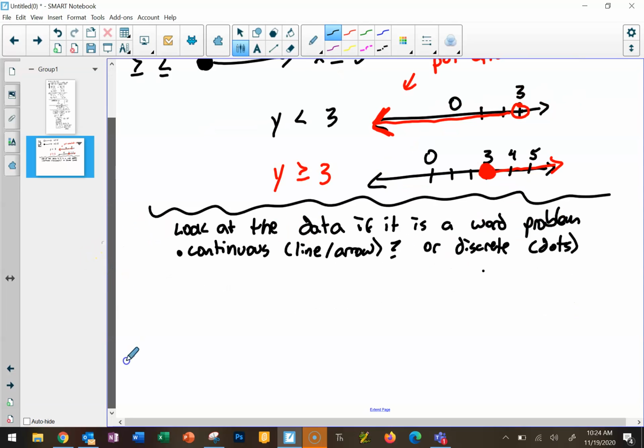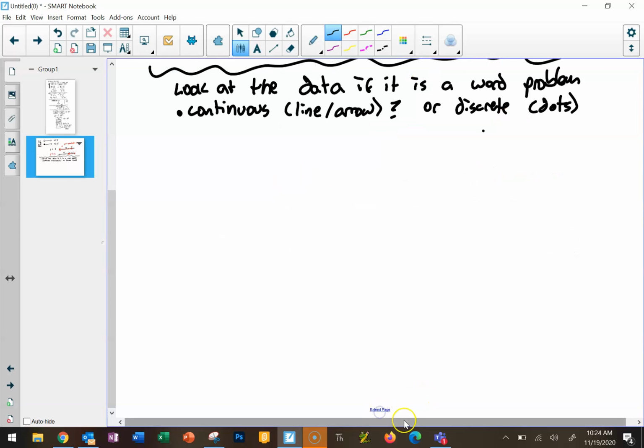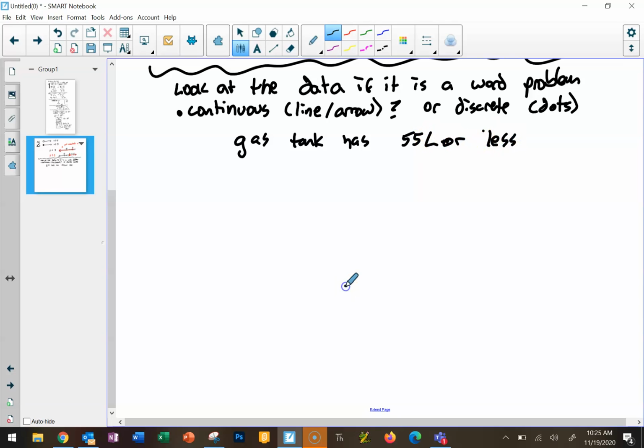And the question that I wanted to bring up from one of the quizzes was, let's say a gas tank has 55 liters or less. Okay, so when we look at this data, and several people did this on the quiz, and I was very impressed. They had to think to themselves, okay, think: no negative possible, because you can't have negative gas in your tank.